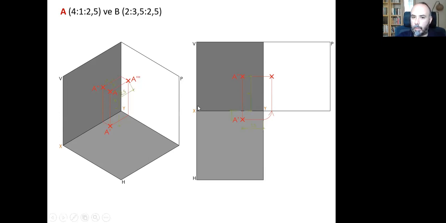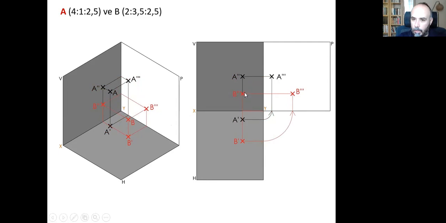I can do the same with the point B. I need to locate its first projection here by using 3.5 and 2.5 as the interval and the distance. Once I locate its upper view, I just need to transfer this distance up here, and by using 2 as its level, I can find its second projection's position, which is B double prime.